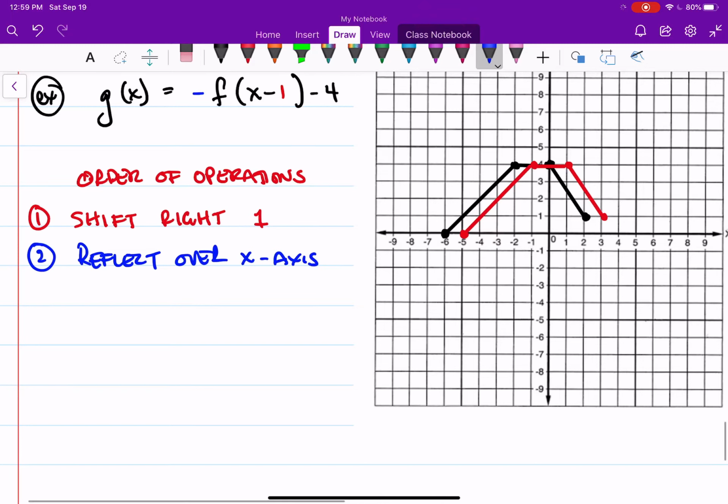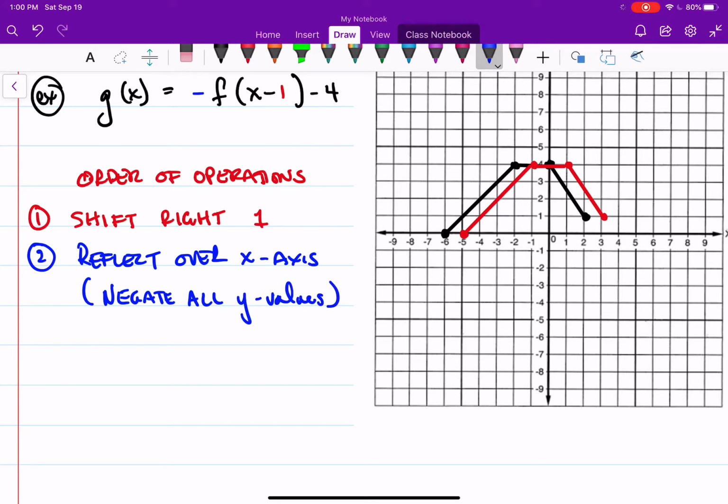So now I'll reflect everything over the x-axis, or better yet, I'm changing all the y values. Because it's negative, I should just say negate all y values.